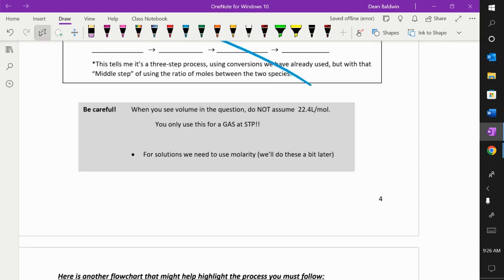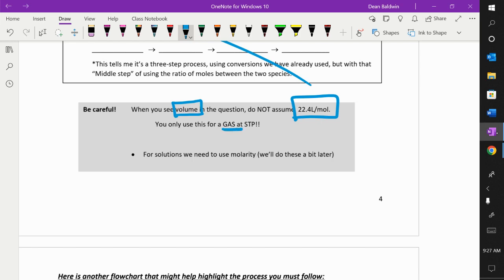One thing I want to talk about is when you see volume, it doesn't always mean a gas. Volume is also liquids, right? So you have to be careful here, all right? When it's volume, you have to look to see if you're using a gas. If it's gas, then you use 22.4 liters per mole. That's the volume of 1 mole of gas, okay? Only gases.